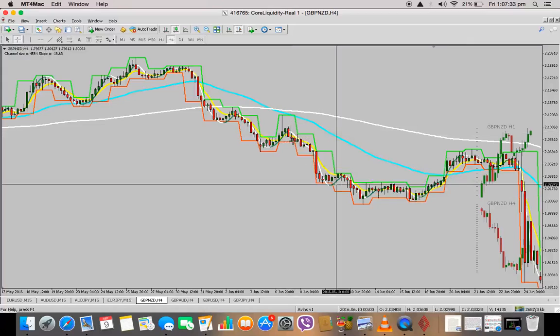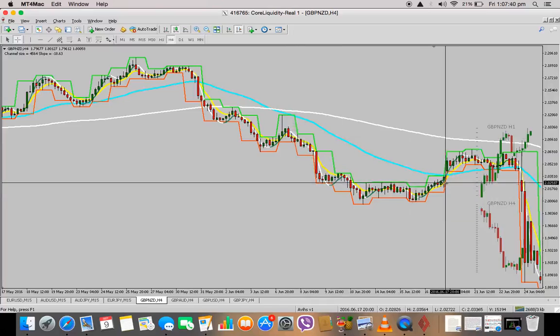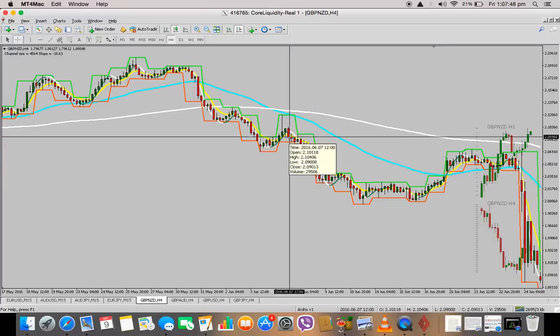Your trade duration would have been, okay, so that's the 7th of June, and this candle here that comes and hits it is the 17th of June. So it's a 10-day trade. That is the simplest longer term strategy that you can apply to Forex, right?